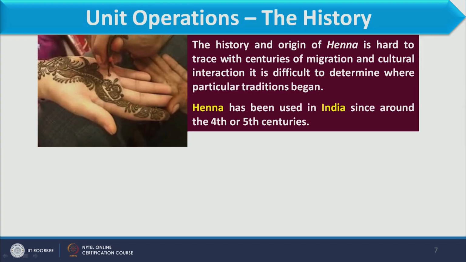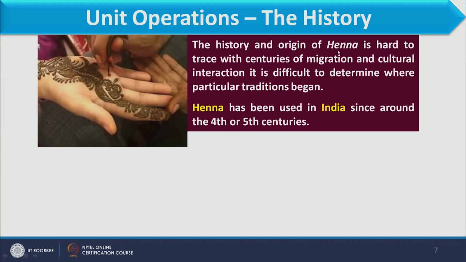Now when we are crushing this, we are involving unit operation, because that is nothing but a physical change, from higher particle size, that is in terms of leaf, we are converting this into lower particle size, that is the powder. So here we have involvement of unit operation.